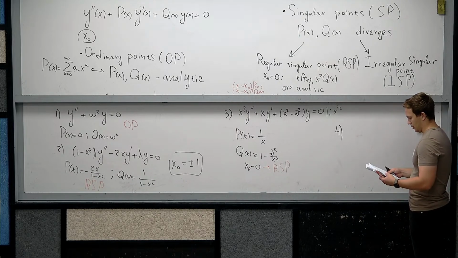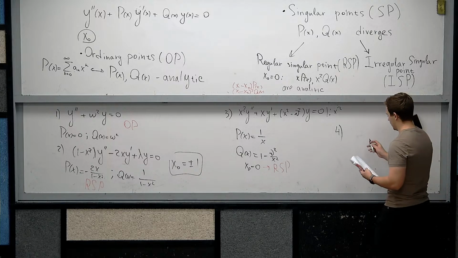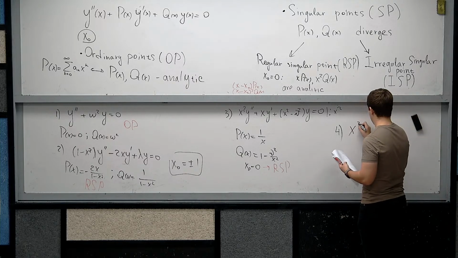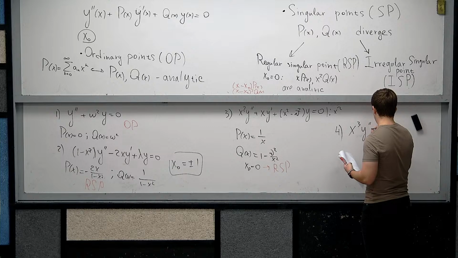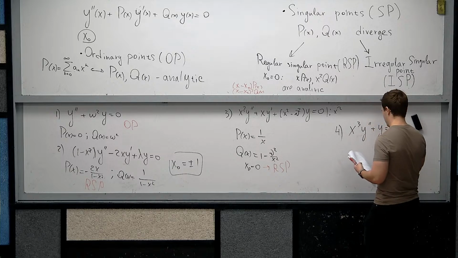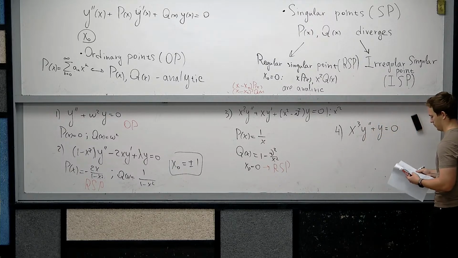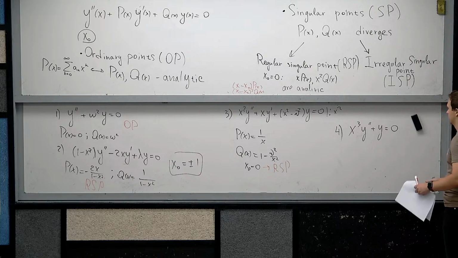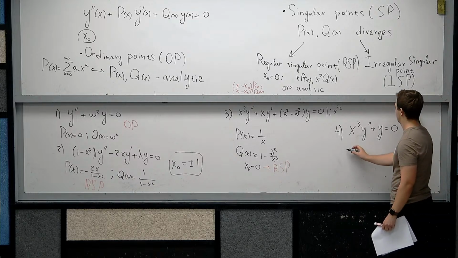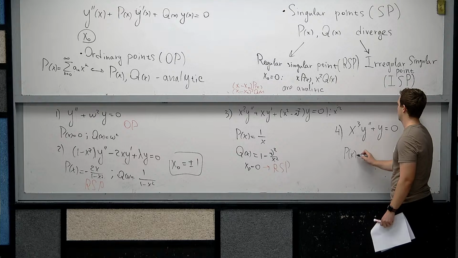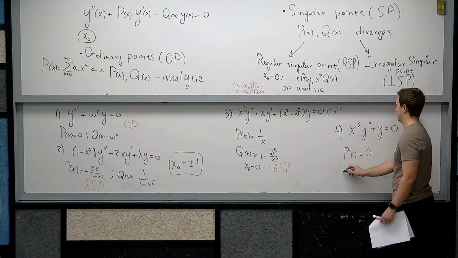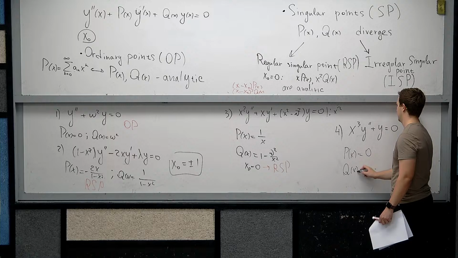Okay. And the last one. So p of x is 0, q of x is 1 over x cubed.